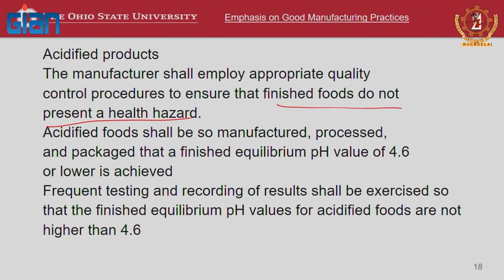When you have a low acid, it may allow the bacterial spore to survive and cause an outbreak. They also have to make sure that the finished pH is less than 4.6. Remember 4.6 is the classical value, where below 4.6 Clostridium botulinum will not grow, and above 4.6 it is a risk. So, you have to consider that, and then you have to do frequent testing, so that the pH is properly maintained.